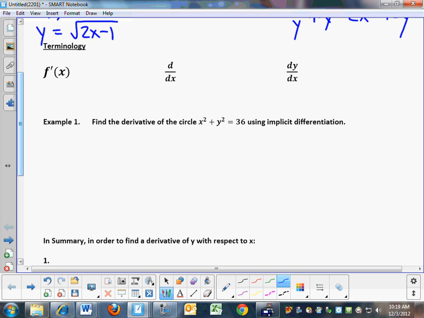Let me help you understand a little bit of what happens here. f prime of x, what does that mean?